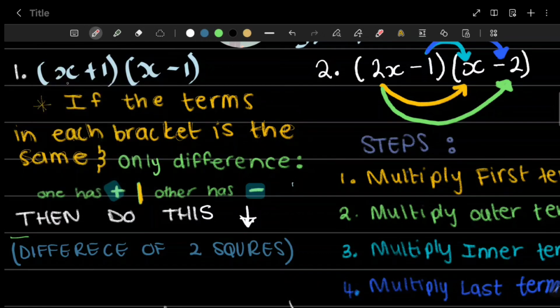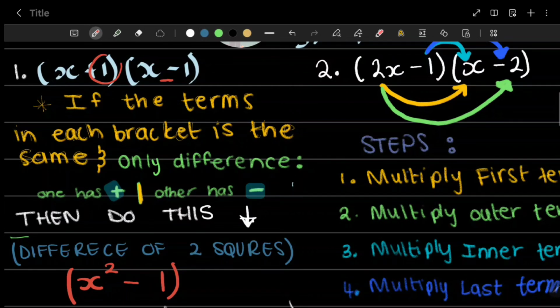You would say x squared, so the first term squared, and the last term squared, or the second term in any of the brackets, 1 squared will give us 1, but put in the minus sign. And there we go. We have a difference of two squares.